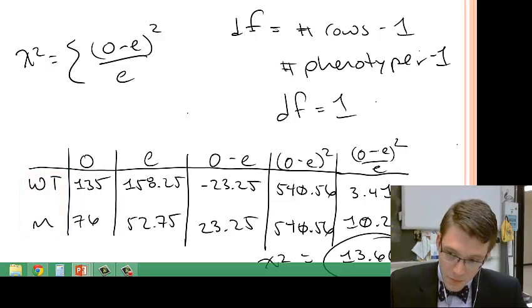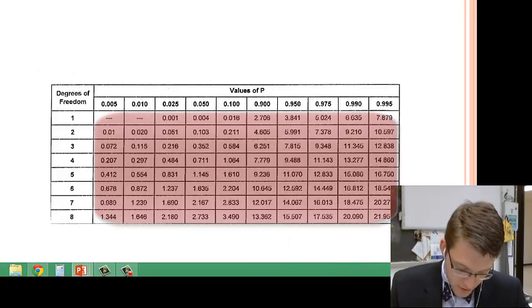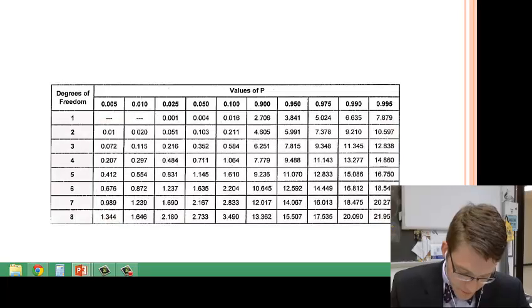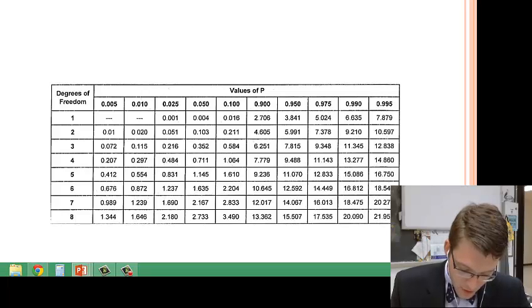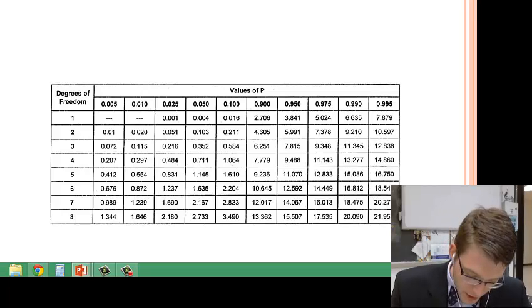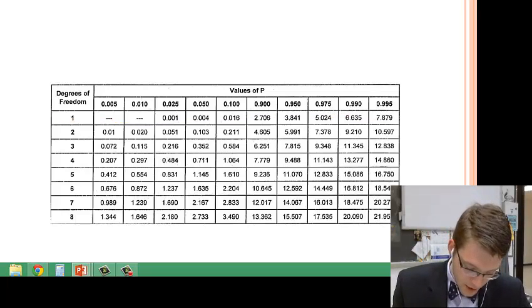To finish the problem, we have to look at a chi-square table. And a chi-square table contains values of chi-square based on the number of degrees of freedom. All right? In our problem, we said that we have a single degree of freedom, so we're going to narrow our focus to this topmost row on our chi-square table.